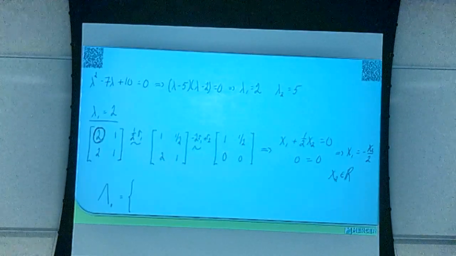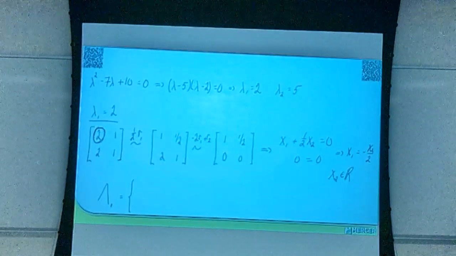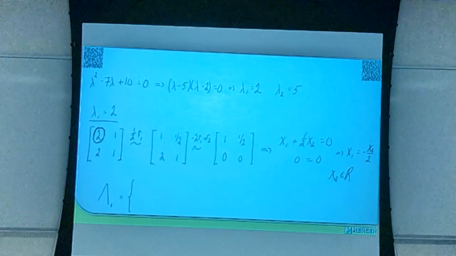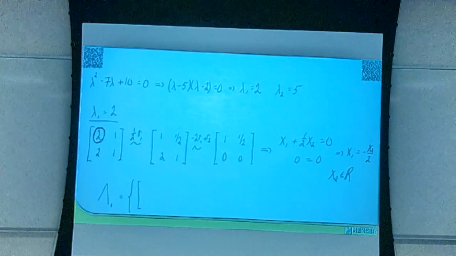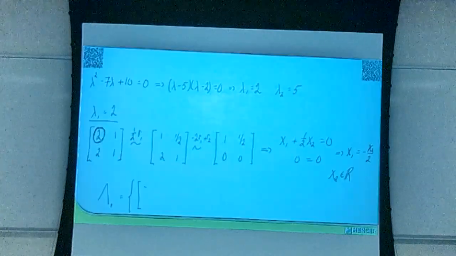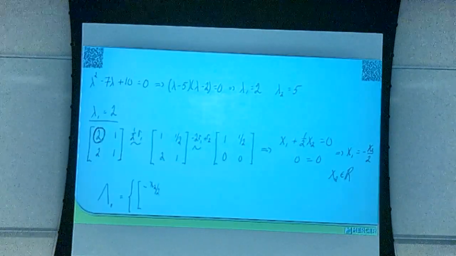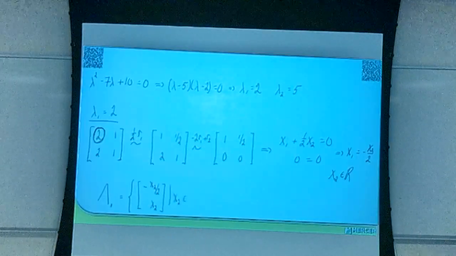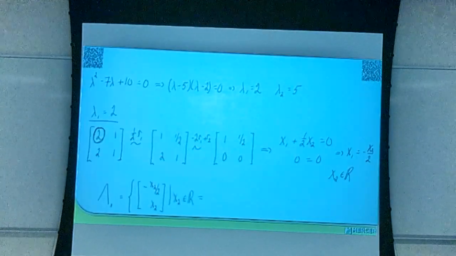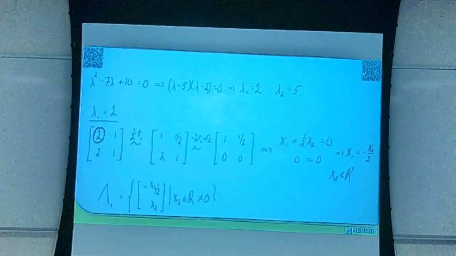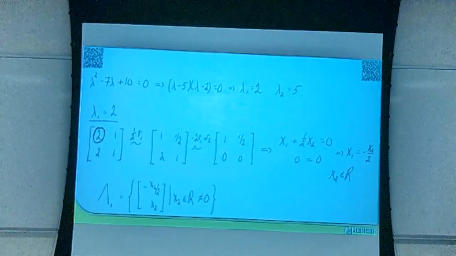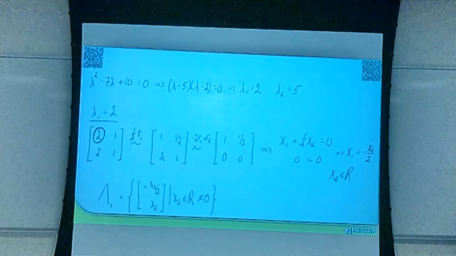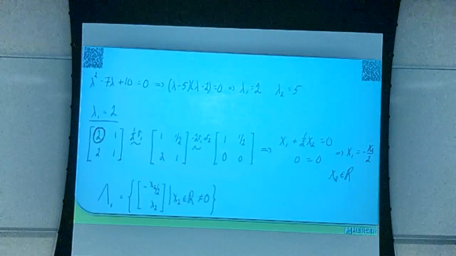I'm just going to look at the set of eigenvectors. I'm going to call that lambda 1. It's all vectors of the form negative x2 over 2, x2, where x2 is any non-zero real number.